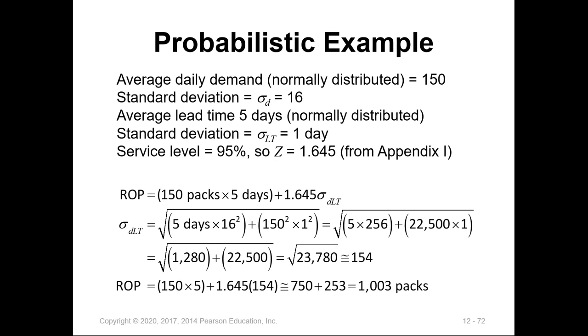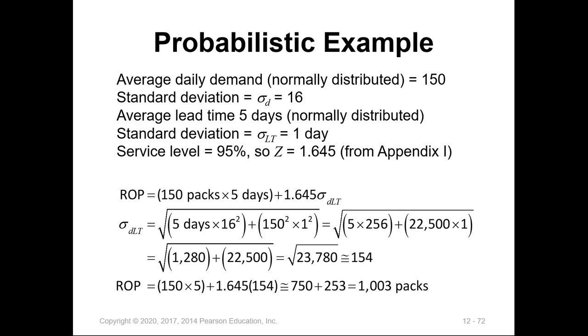For example, if the average daily demand is normally distributed with a mean of 150 and a standard deviation sigma D equal to 16, and the average lead time is 5 days, normally distributed, with standard deviation sigma LT equal to 1 day, with a service level of 95%, so Z is equal to 1.645.